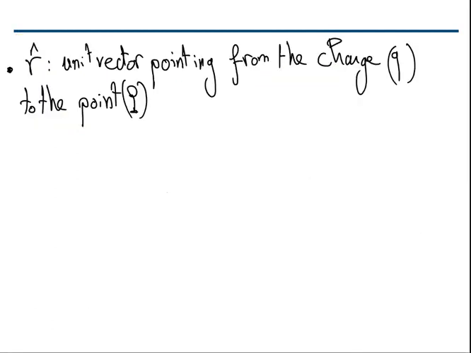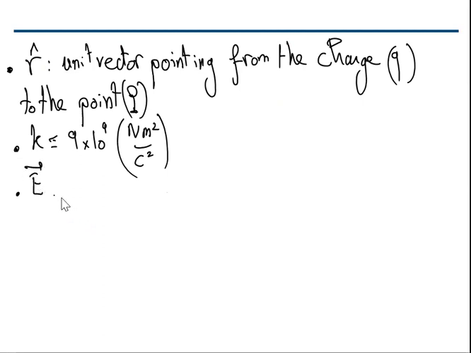Good. Let's continue. And of course, as you know, K is the same as in the previous lecture, 9 times 10 to the power 9 Newton meter squared per Coulomb squared. The electric field E, we said, is equal to KQ over R squared multiplied by the vector R hat.